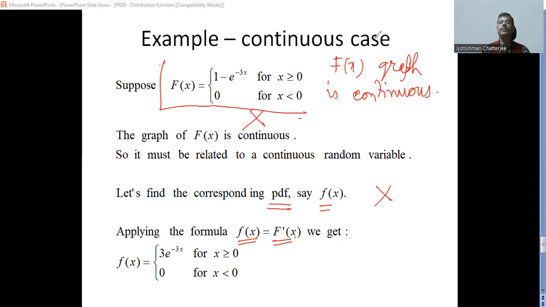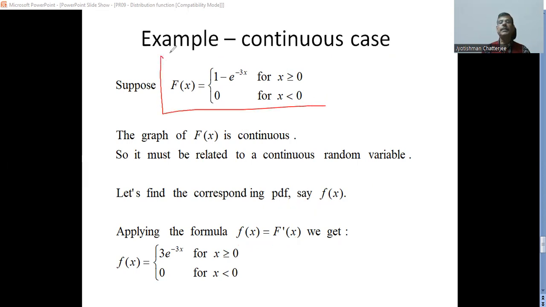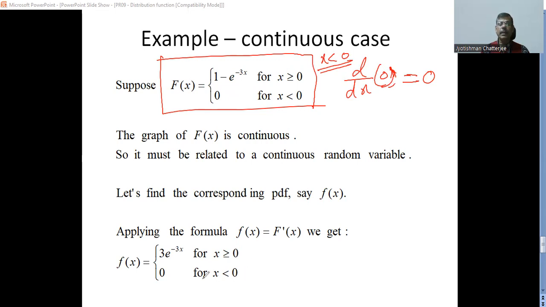Let me clear the board. It's given in two ranges. For x less than 0, capital F(x) is 0. So in that case, we need to take the derivative of 0, so we will get 0. That's why this part.